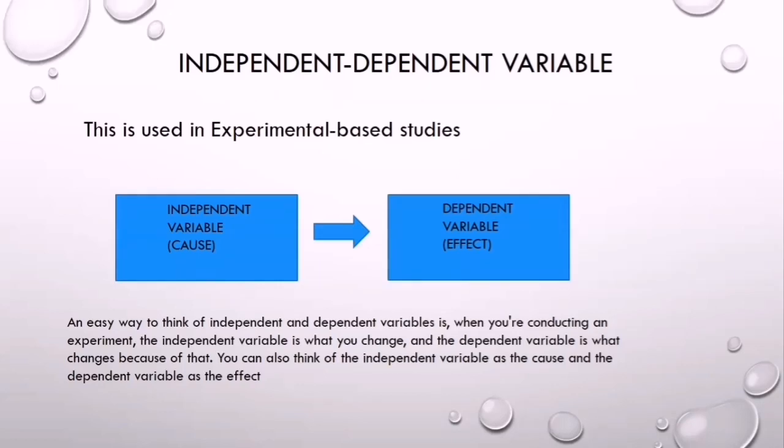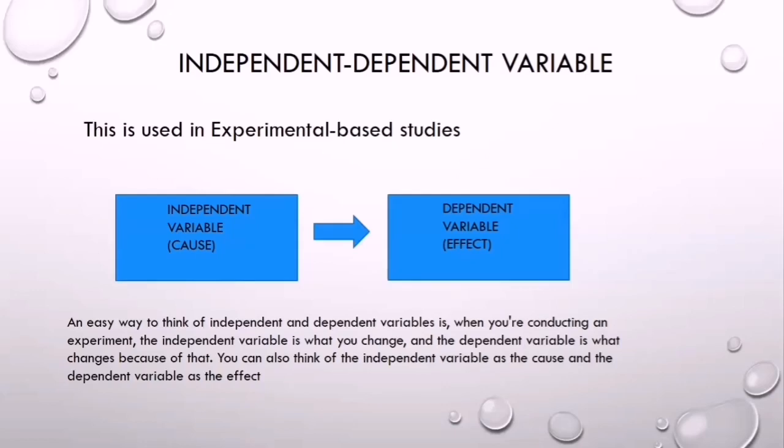in conceptual framework. First is independent-dependent variable. This is used mostly in experimental-based studies. An easy way to think of independent and dependent variables is when you're conducting an experiment, the independent variable is what you change and the dependent variable is what changes because of that.